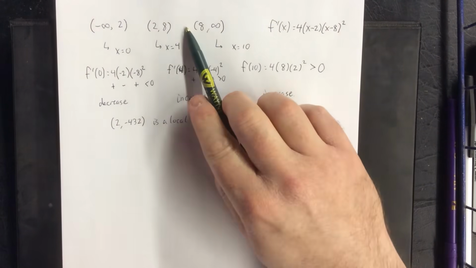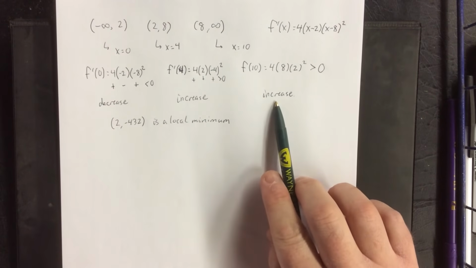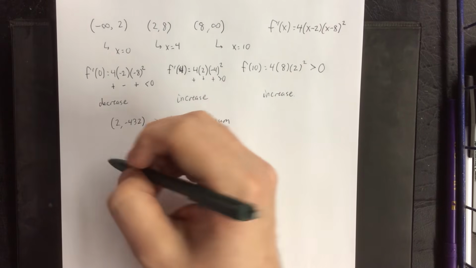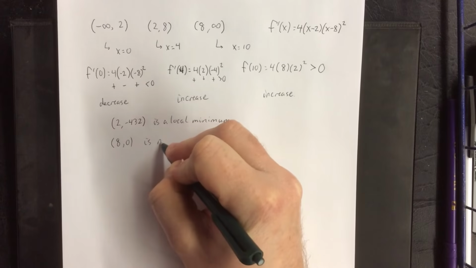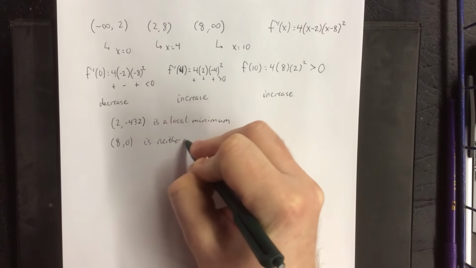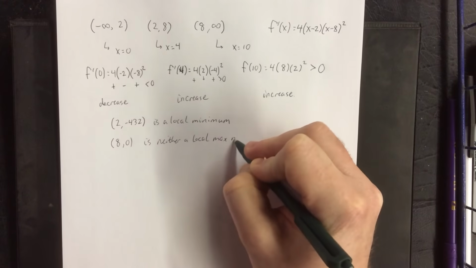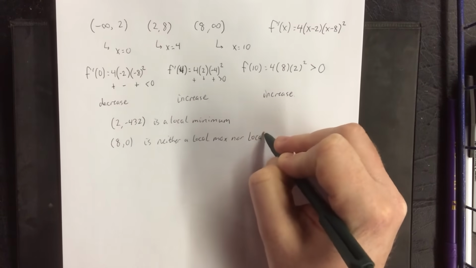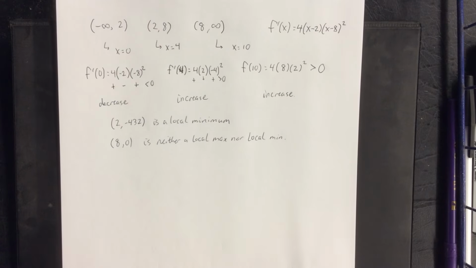At x equals 8, the function goes from increasing to increasing, which means that this critical point is neither a local maximum nor a local minimum. We'll describe what's going on with the graph before too long.